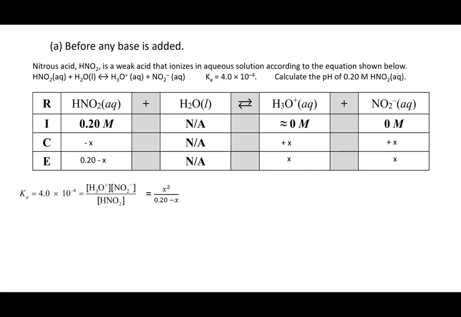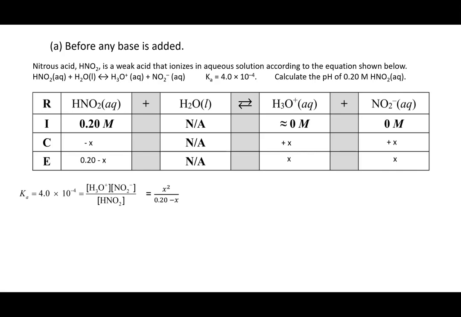Now, we write our equilibrium expression. Pretty straightforward. At this point, we've done this a few dozen times. We get 4 times 10 to the minus fourth is equal to the concentration of H3O plus times NO2 minus divided by HNO2.